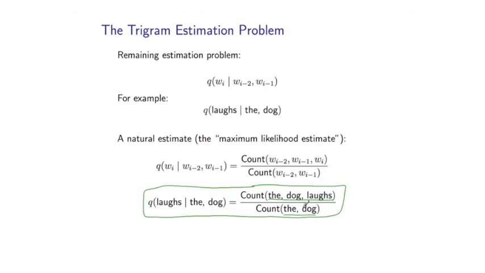And that's a very intuitive and a very natural estimate. Many people would have come up with this as a first guess for how to estimate the parameters of this model. So maximum likelihood estimators will be very useful. They will form the starting point for the estimation methods we will develop.